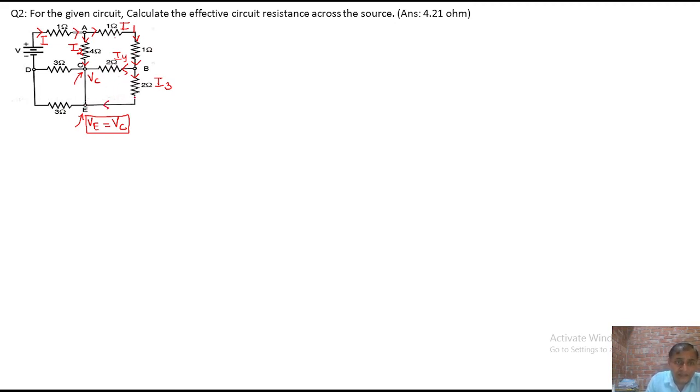So this 2 is directly connected with C or E, because both the potentials are the same. So this 3 ohm is connected like this one. This figure you can draw this way.